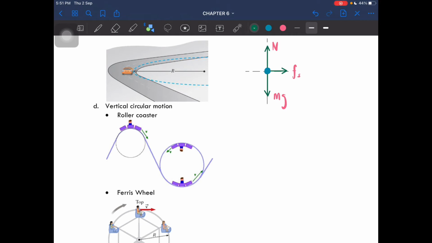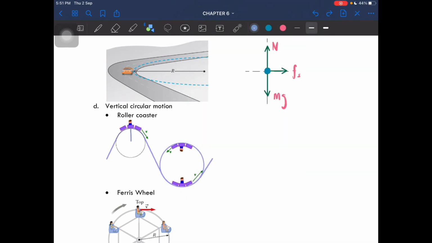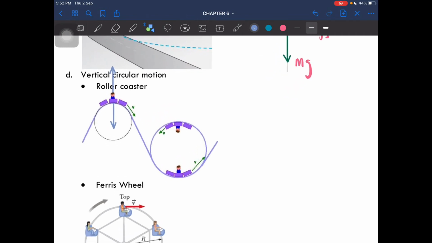For this boy here, let me change color. Obviously there is weight, and then the body of this person is also causing a normal force. I mean, they also experience a normal force. Okay, that's it for that one.